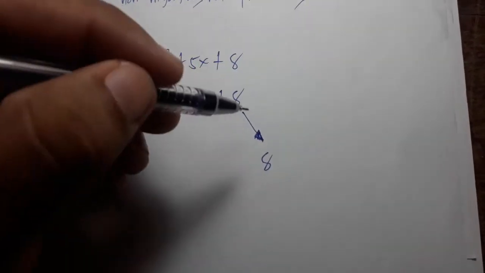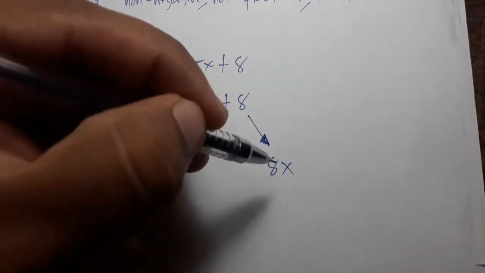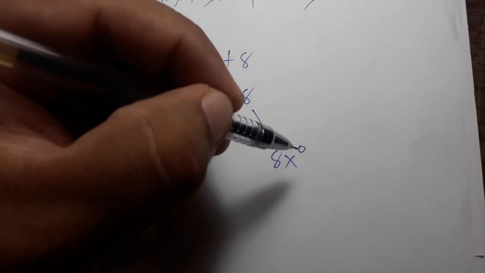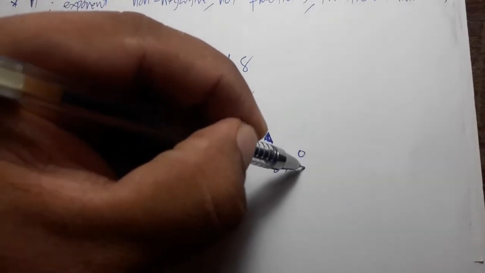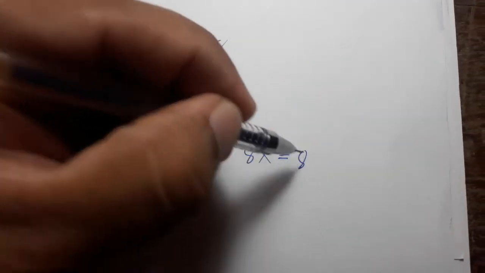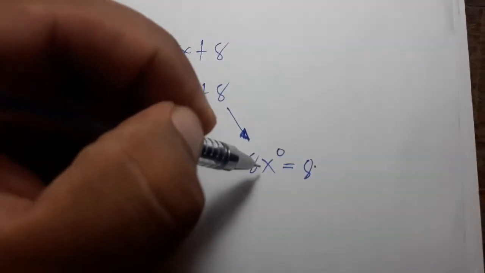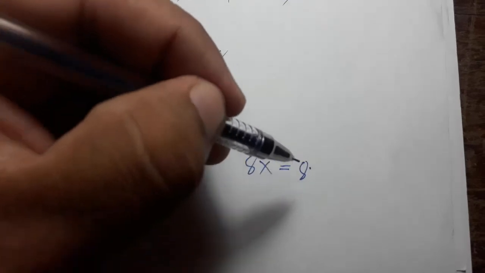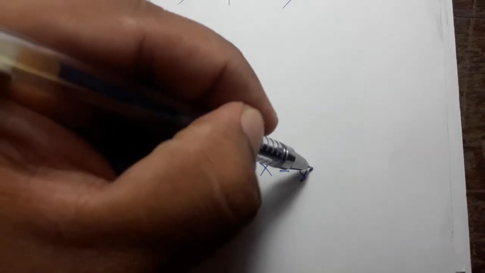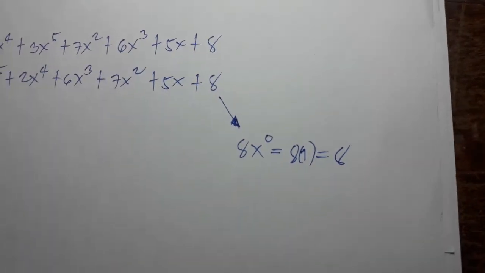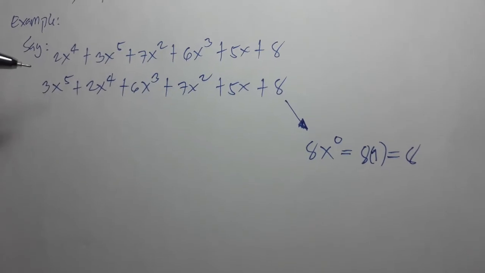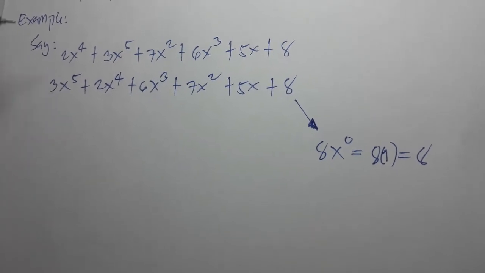So this is equal to 8. We know that any value raised to 0 is exactly 1. Do you follow? So 8 times 1 is 8. So again, our polynomial now is in standard form.